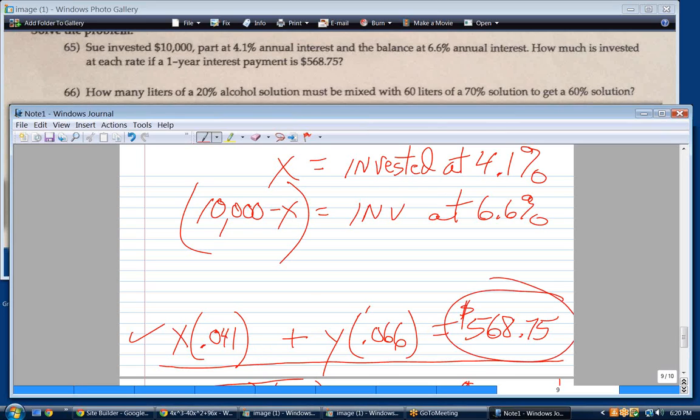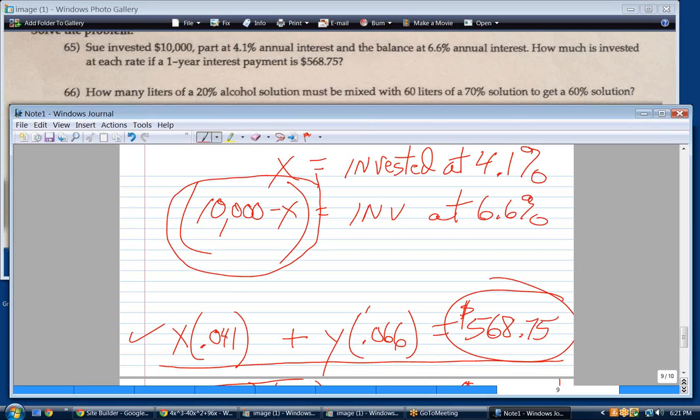So it's slightly easier to work in one variable only, except this leap is not that easy for everybody. Coming up with 10,000 minus x as your second variable is tough. So I actually prefer to work this as a two-variable problem because you understand the concept a little better.